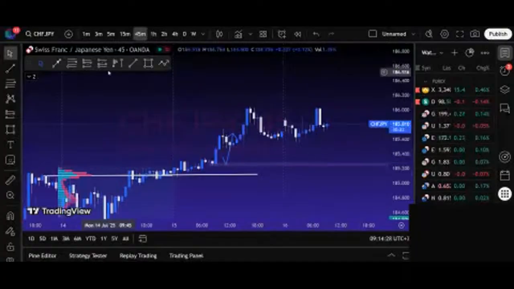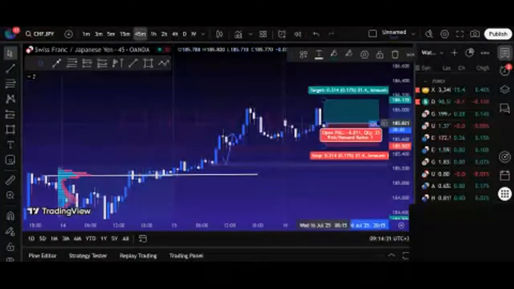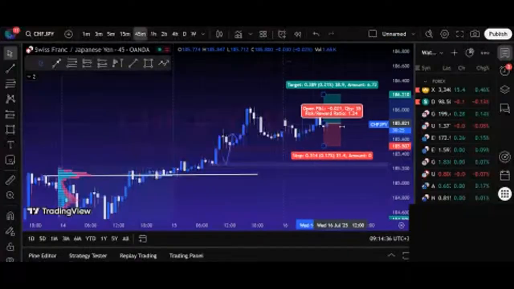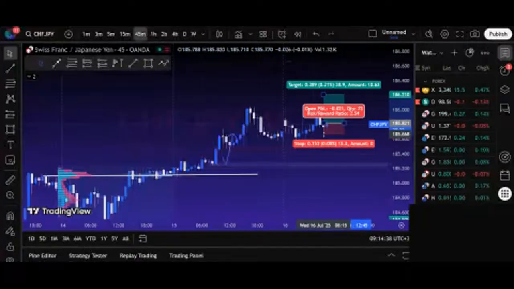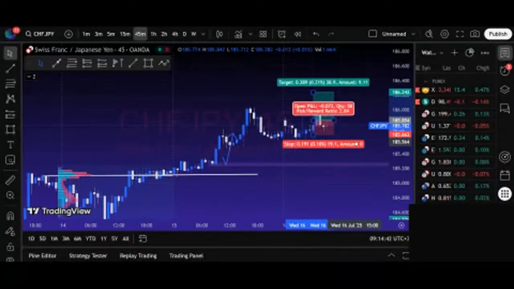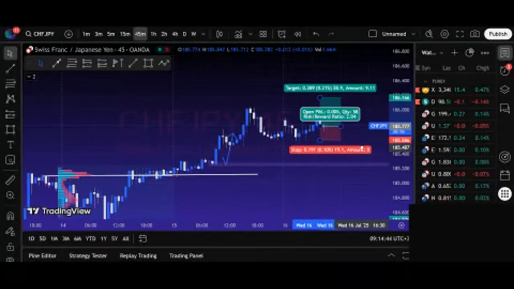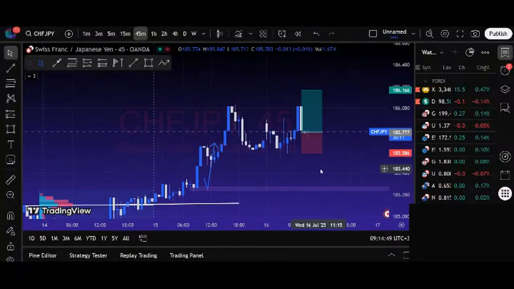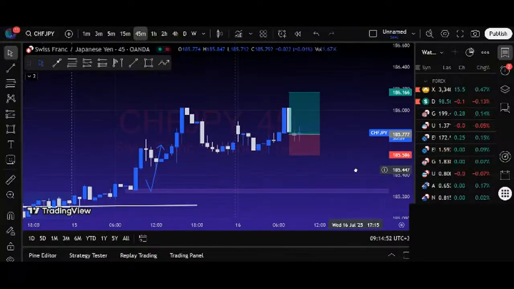Take your buy yake sasa ni inataka ukuwe na very big. Hii utumie lot size kadogo. It won't give you cash. Inatakanga very big lot size. Yeah.